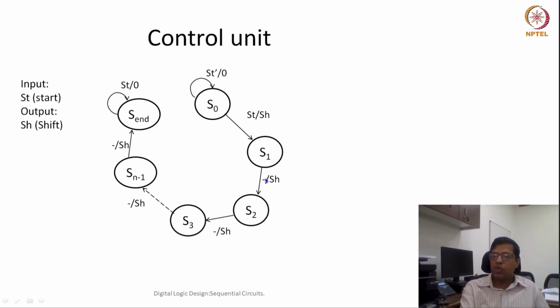After that we don't care whether it is 0 or 1, but if it is 1 here and we reach the S0 state, that means we will automatically go to the S1 state and all others. So that's why we are saying that if start is 1 and we have finished the computation, then we'll keep on remaining in this particular state. If start is 0, then we will go to the reset state and we will say that we are not shifting anywhere.